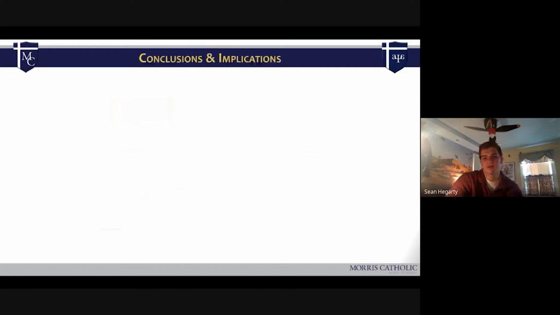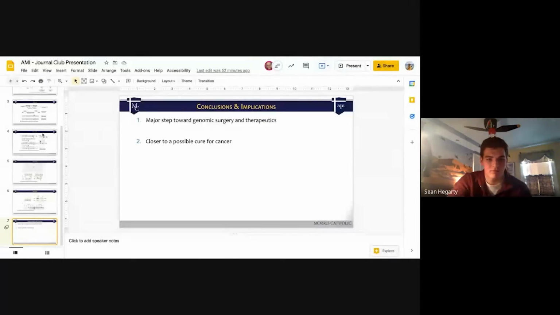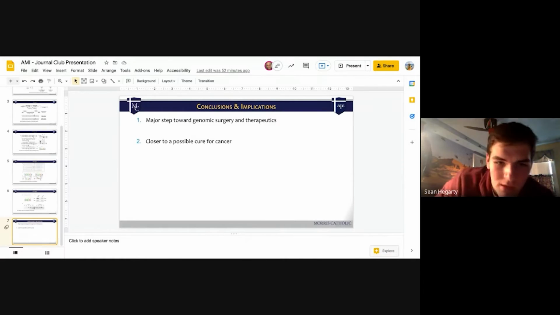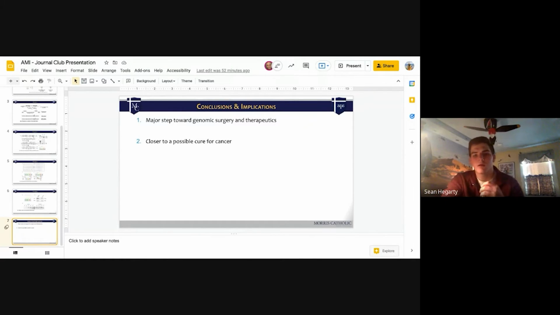So from this, why is this blank? Hold on. Oh, you can see it now. So this paper brings us a step toward genomic surgery and therapeutics, and it brings us closer to a possible cure for cancer, as being able to get this system into cells and change certain genes to express different proteins.